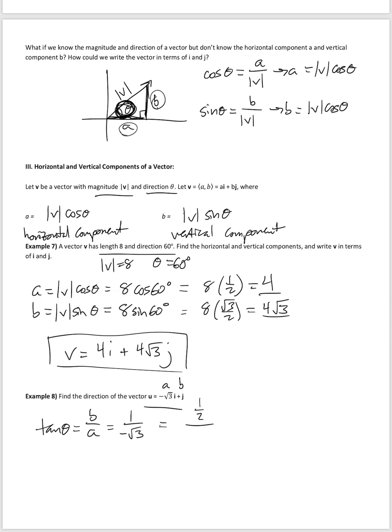We recognize that if we unsimplify it, it is 1/2 over negative root 3 over 2. This is y over x. So theta is going to be 5 pi over 6, or 150 degrees. And that's it. That's the direction this vector is pointing in. Tangent of theta is b over a, or tangent of theta is y over x. It's the same formula we've been using. We're now just applying it to something a little different with vectors.